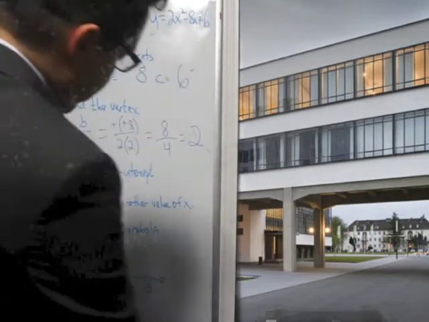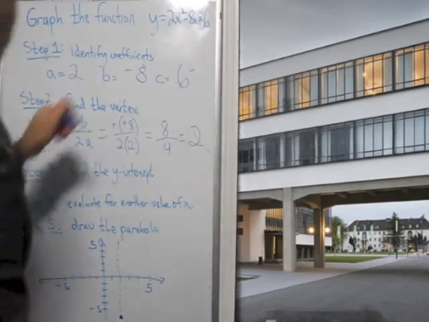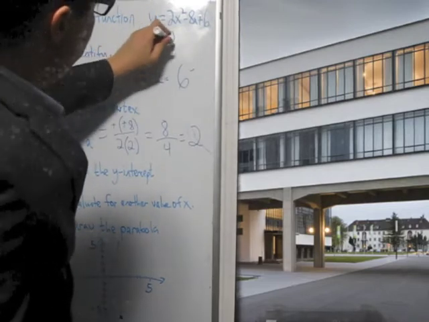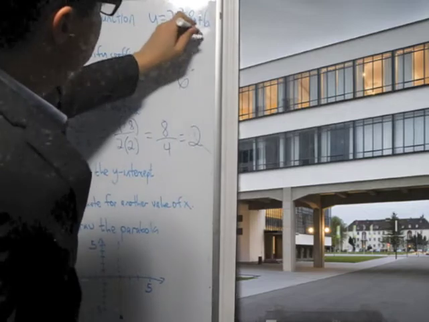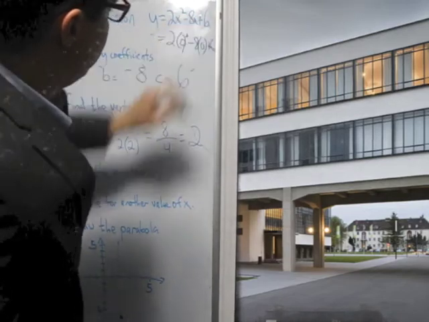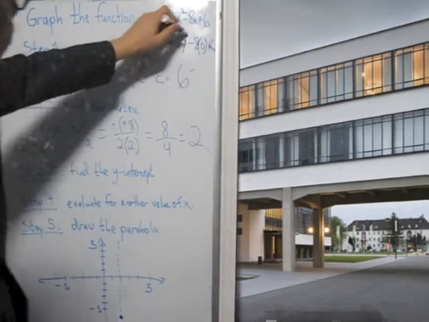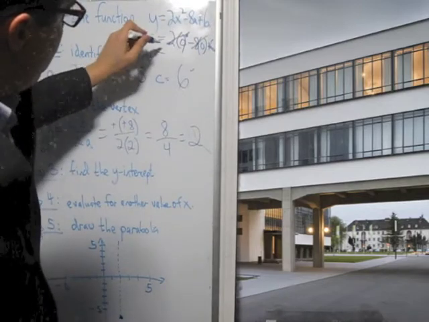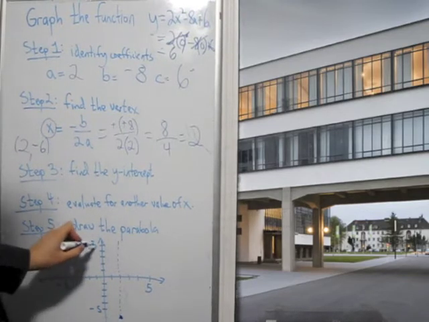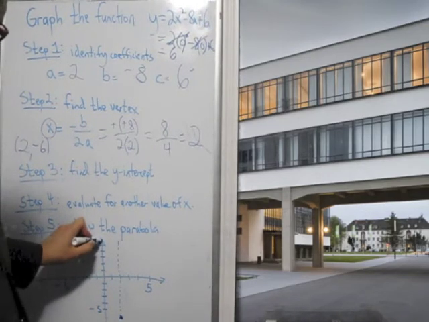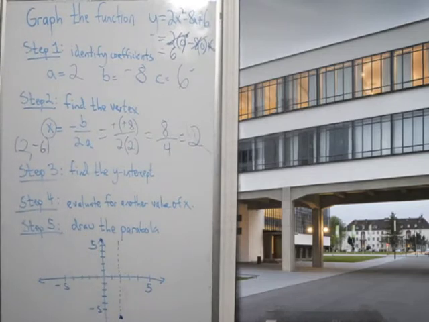That's where it's going to hit the y-axis. So I will get 2 times 0 squared minus 8 times 0 plus 6. Sorry if that's a little sloppy. The first two terms go to 0 and I'm left with 6. So where this will hit the y-axis is up here at 6.